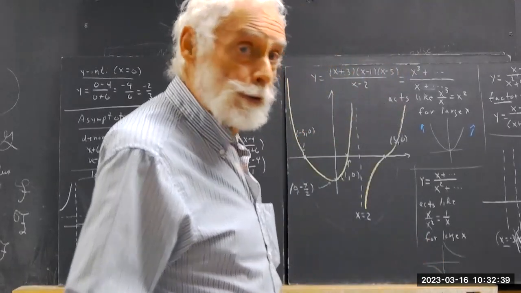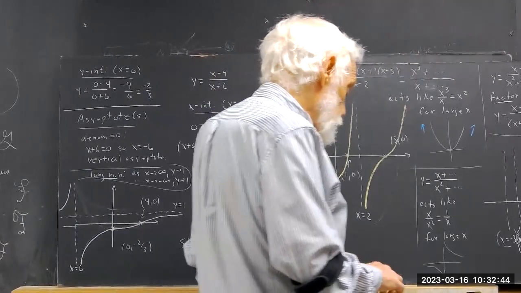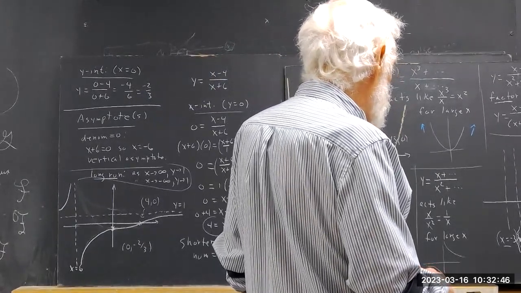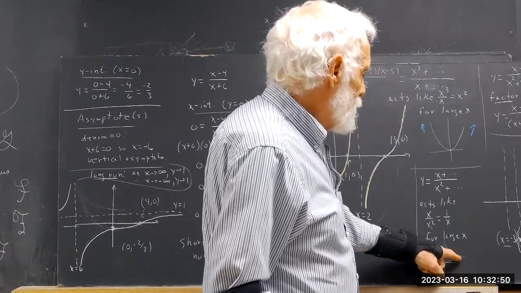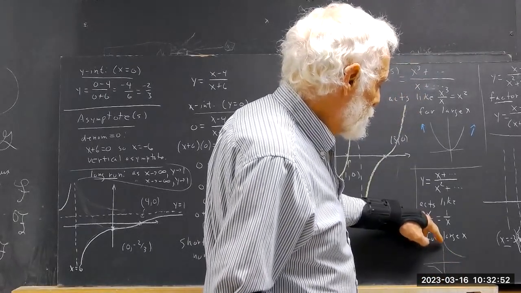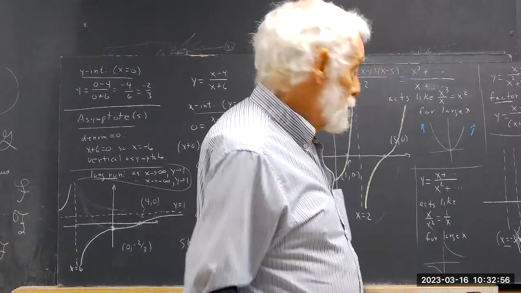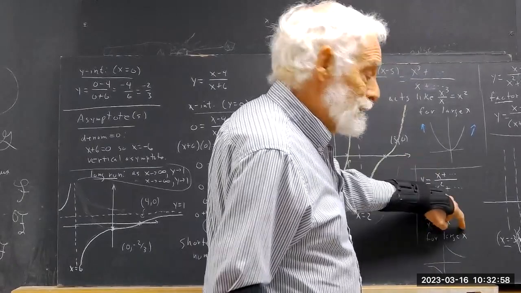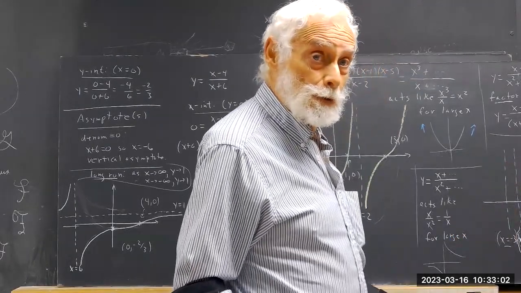There are other ways to reason it out, but that's the easiest way. And you got to know those functions for all the other stuff, so make sure you really know what those functions look like. Now this function has an asymptote at y equals 0, but that's only for large x.